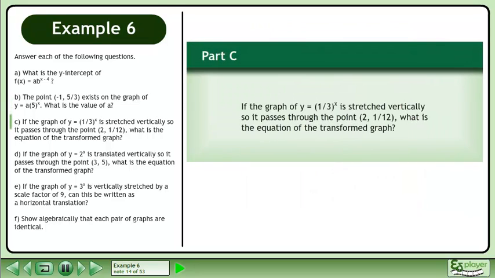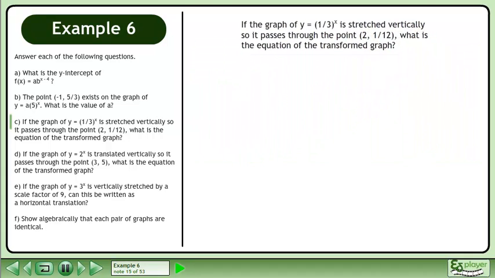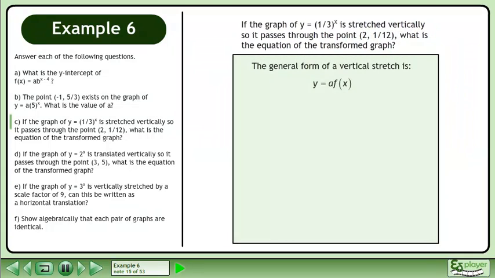Now we'll move on to part C. If the graph of y equals 1 over 3 to the power of x is stretched vertically so it passes through the point 2, 1 over 12, what is the equation of the transformed graph? The general form of a vertical stretch is y equals a times f of x. Replace f of x with 1 over 3 to the power of x.